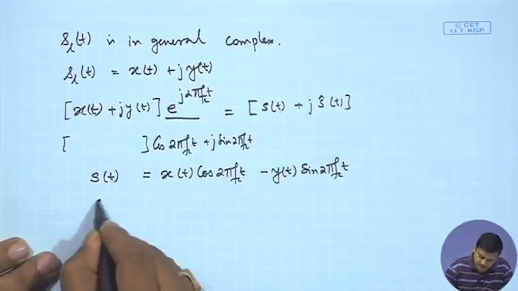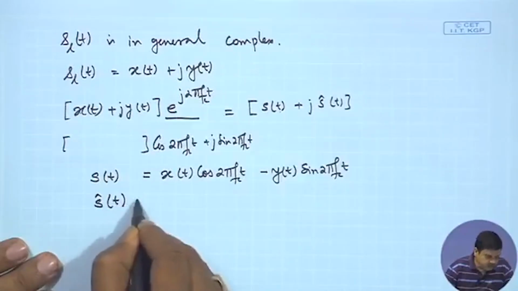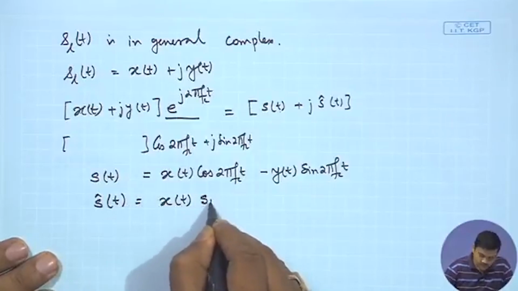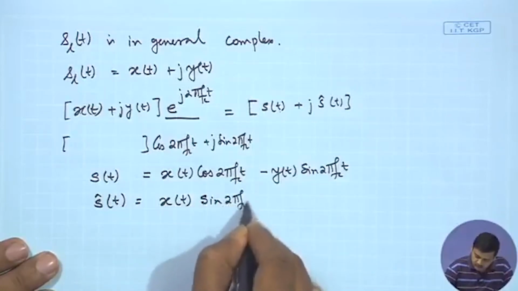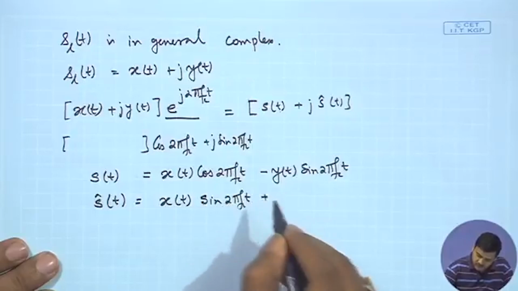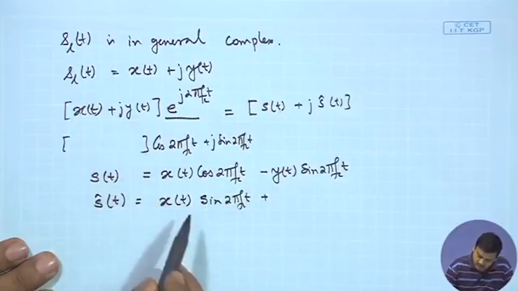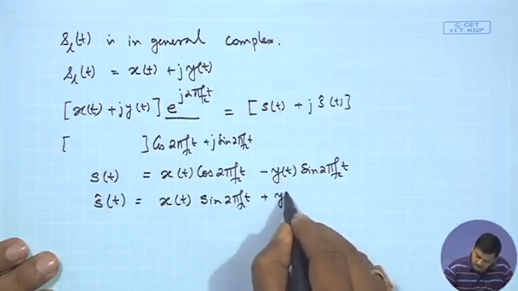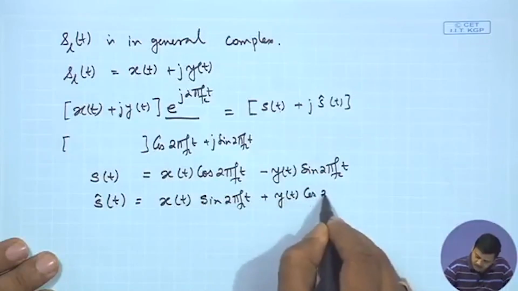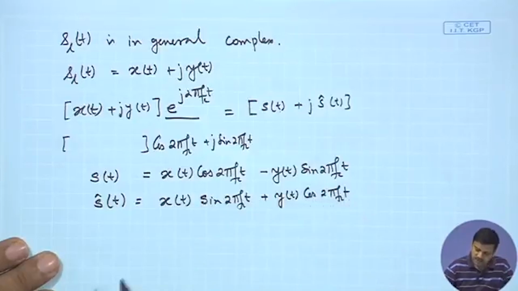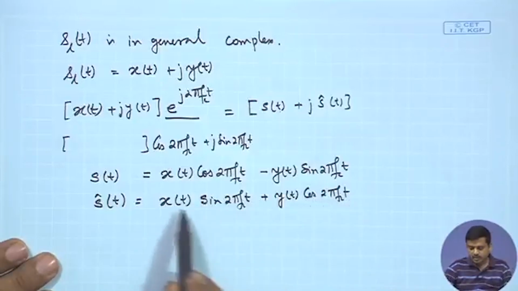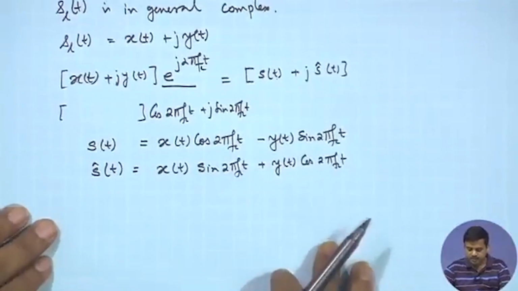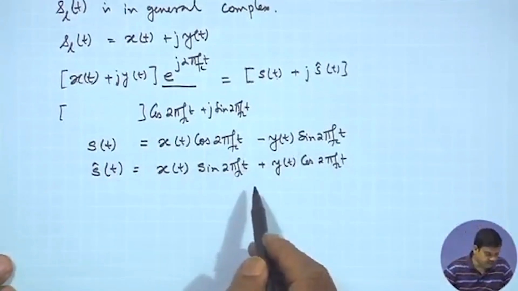So, we are going to get S cap of t is equal to x of t sin 2 pi f_c t plus y of t cos 2 pi f_c t. So, what you are seeing is that with the Hilbert transform, it is the 90-degree phase shifted version of S of t, that is what we are getting over here.